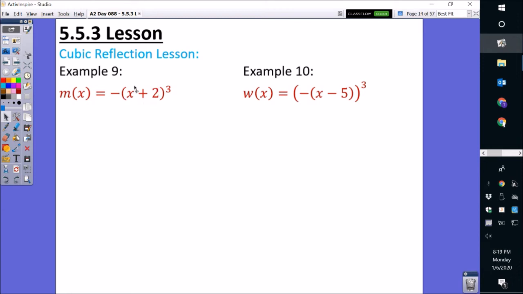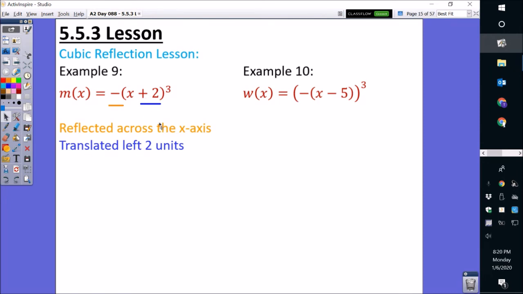Now, we also have this plus 2, meaning that it's going to translate left 2 units. So again, this negative sign that's outside the outer parenthesis in the front is reflected across the x-axis. The plus 2 that's inside behind the x, just a review from translation, translates left 2 units.